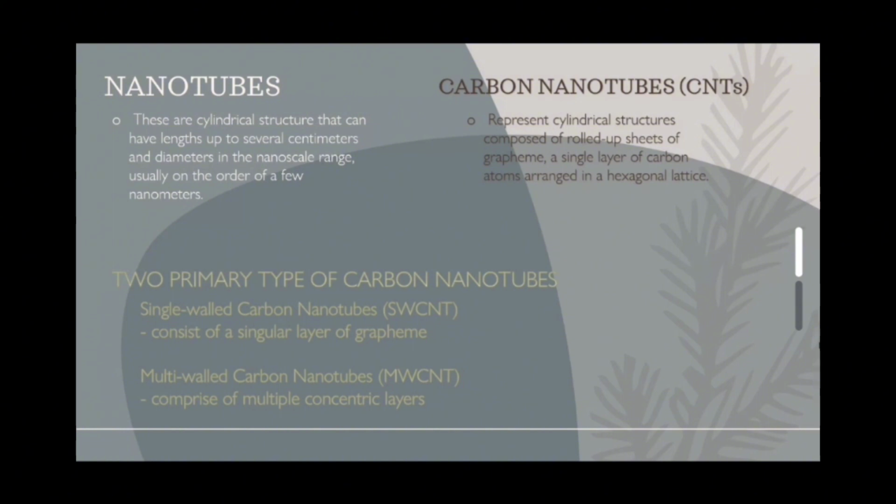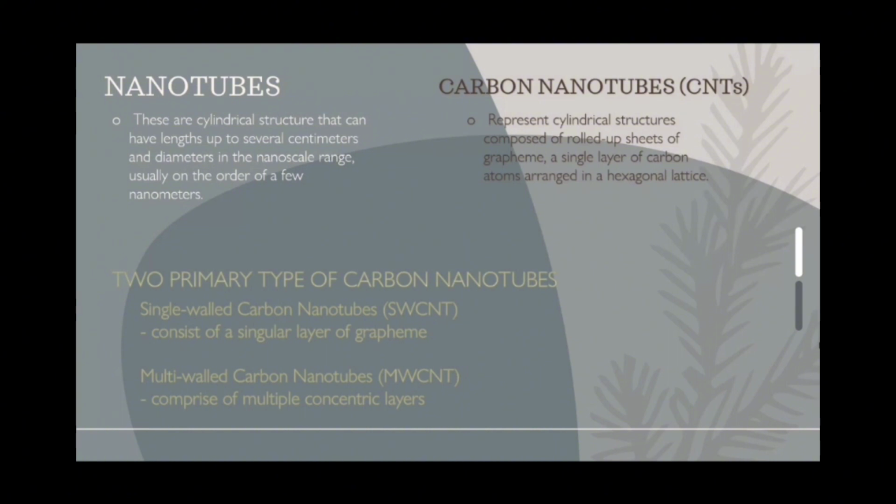They are extremely robust and difficult to break, but they are still light. Because of their exceptional mechanical, electrical, and thermal properties, carbon nanotubes are one of the most investigated nanomaterials. Under nanotubes, we have what we call the carbon nanotubes. It represents cylindrical structures composed of rolled up sheets of graphene, a single layer of carbon atoms arranged in a hexagonal lattice.